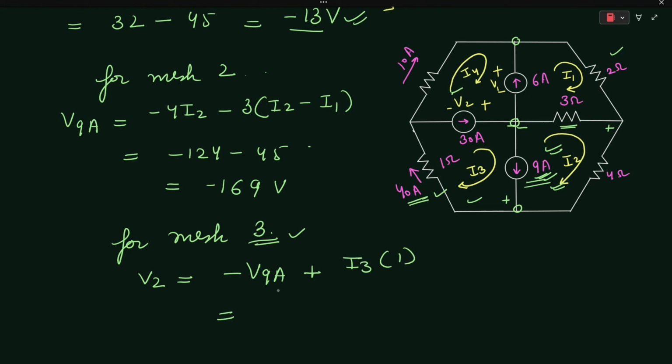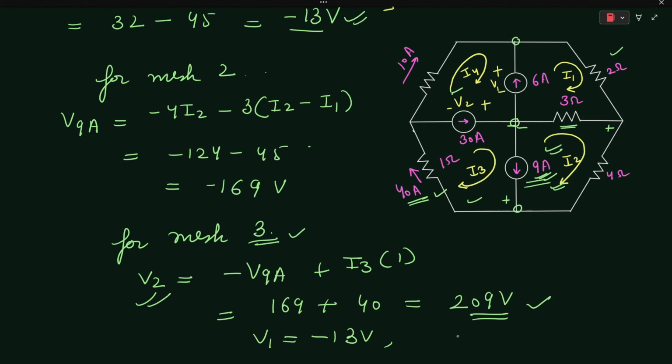So it is 169 plus 40, which comes out to be 209 volts. So the voltage V1 is equal to minus 13 volts, whereas the voltage V2 is equal to 209 volts.